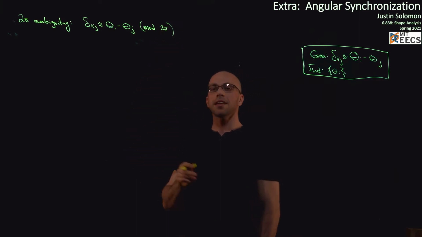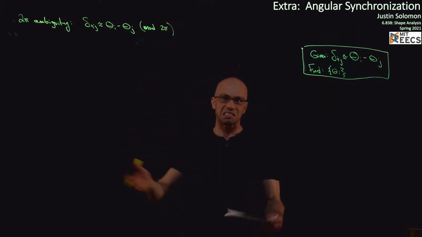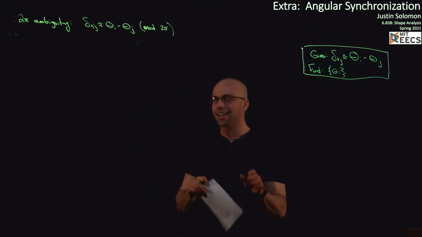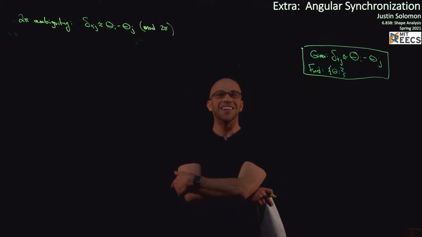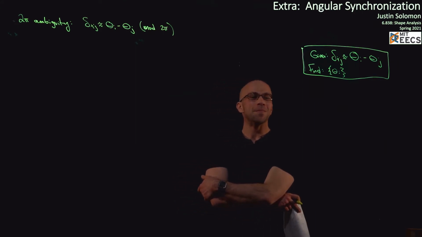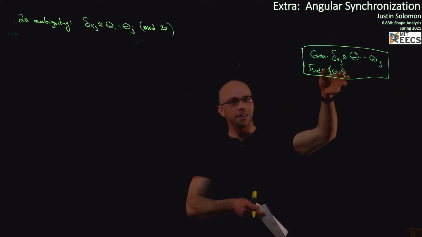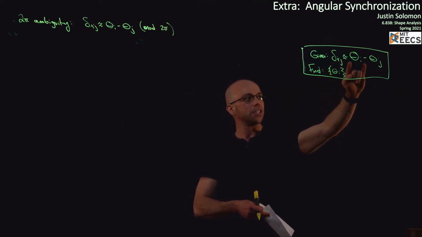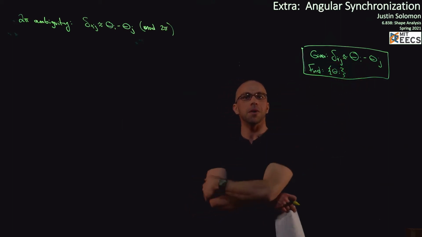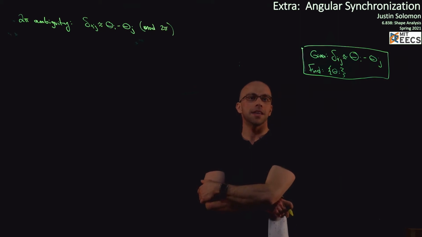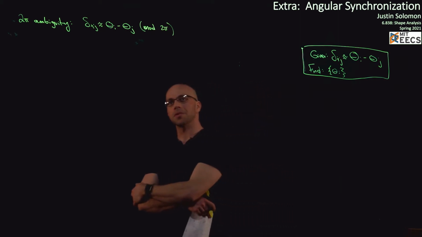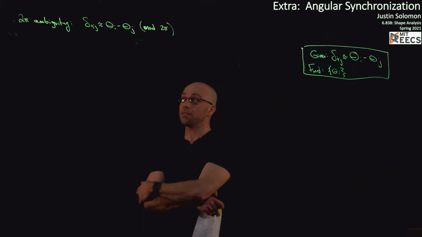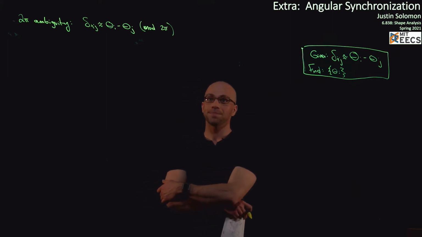And this has nothing to do with our estimation procedure. It just has everything to do with the fact that angles are annoying to work with, right? So never mind the additive ambiguity in our problem, that if we shift all the thetas, the deltas do equally well. But in addition to that, we only know the deltas up to an additive integer multiple of 2 pi.